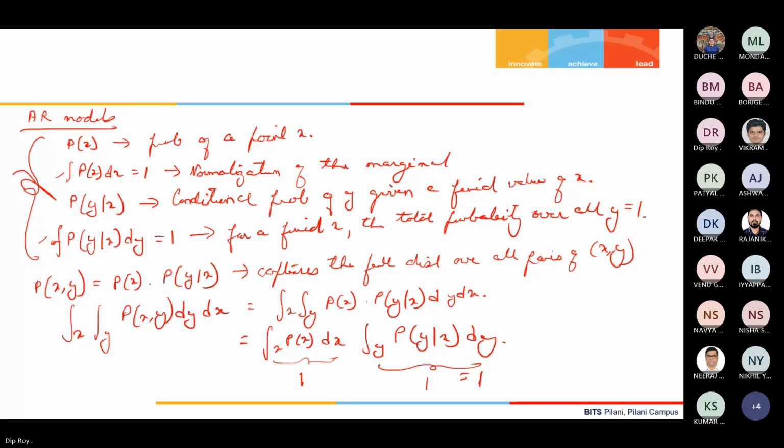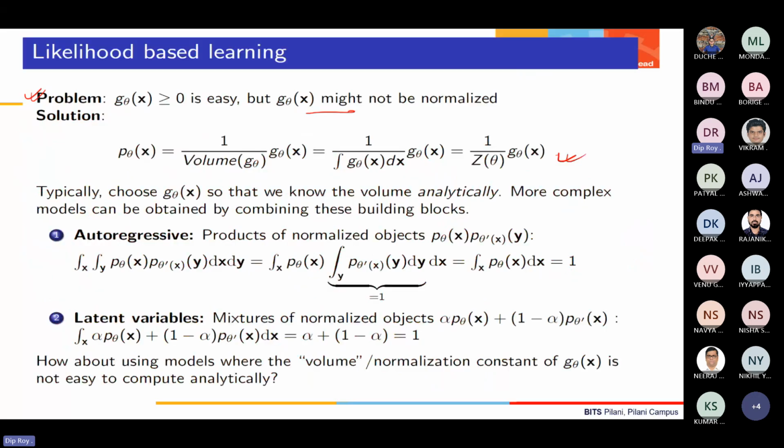And this is exactly why the autoregressive models by design were giving a probability distribution rather than an unnormalized distribution. Okay. So in neural network setup, it is also written as, normally if you go to the slide, the nomenclature is a little bit different.